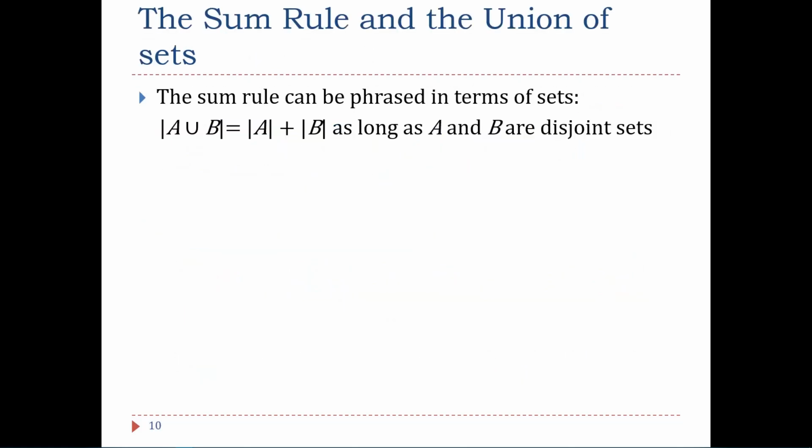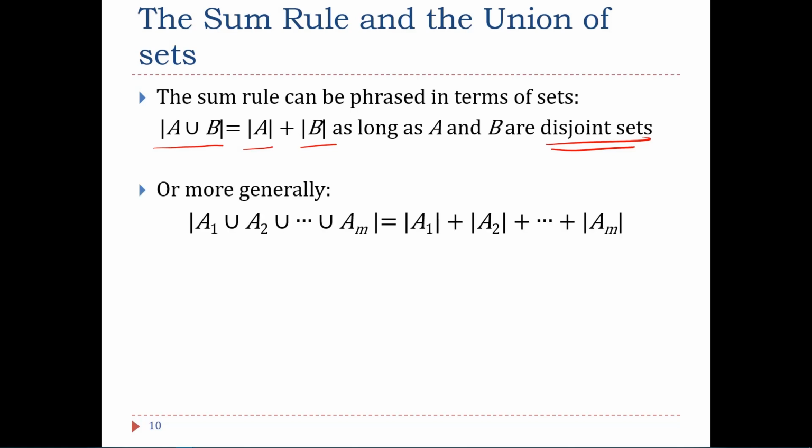So it reflects quite a bit the rule of the size of the union of two sets where the sets are actually disjoint. When the sets are not disjoint, we have certain repetitions, and this is why we should subtract those redundant cases. And this leads us to the subtraction rule that we will see in a few minutes.